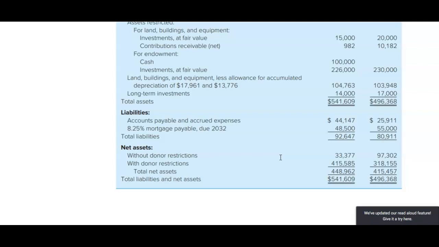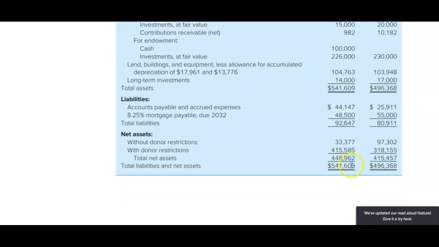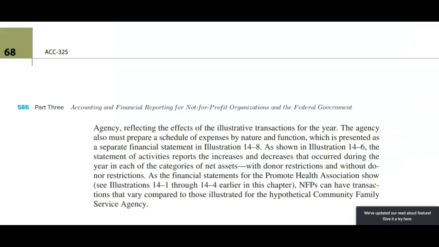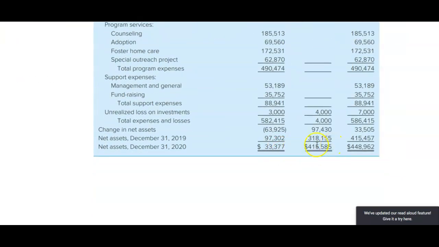So if you look at this example, study the relationships between the numbers, and we'll go back to the other statement in a minute to see that these numbers will indeed show up, the 2020 numbers on your statement of activities, 33377 and 415585. Right? So they come from right down here.